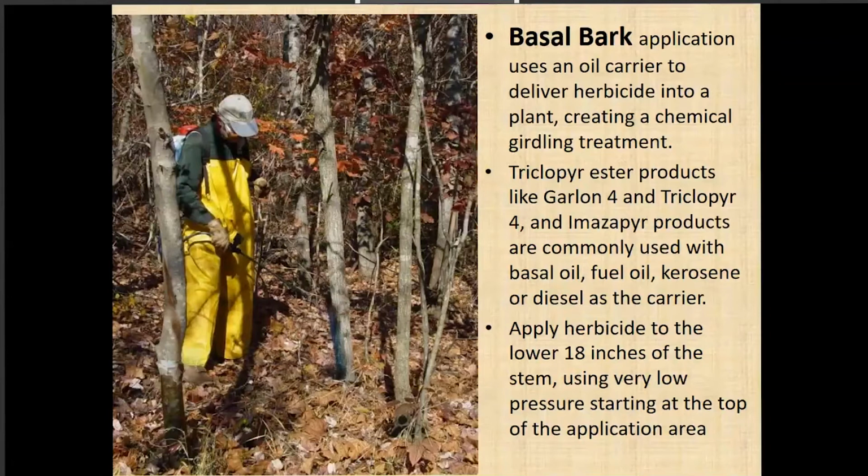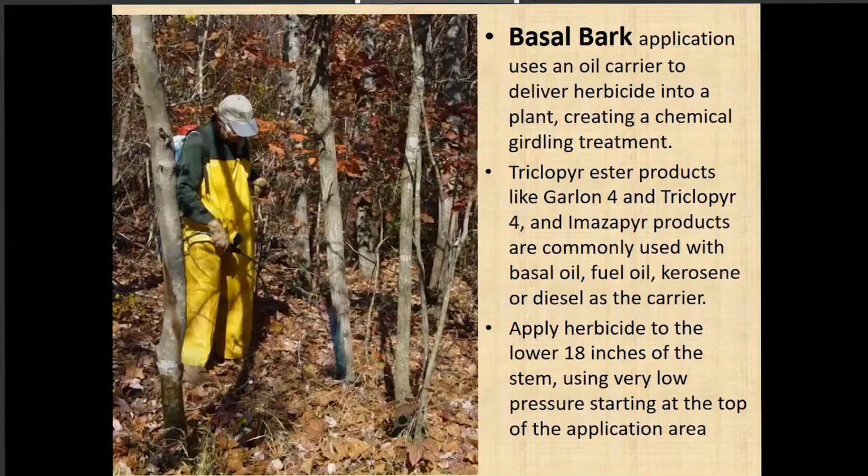We really are recommending folks use basal oil as much as possible. These are formulated on purpose to pair up with these herbicides and do a good job of penetration. But the other materials are, in fact, typically on the labels for these products as a potential carrier oil as well. But for personal and environmental safety, we lean toward using the basal oils.